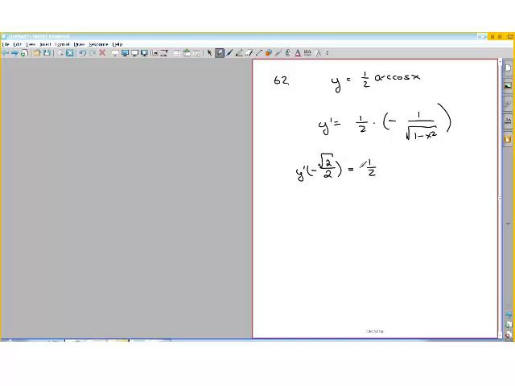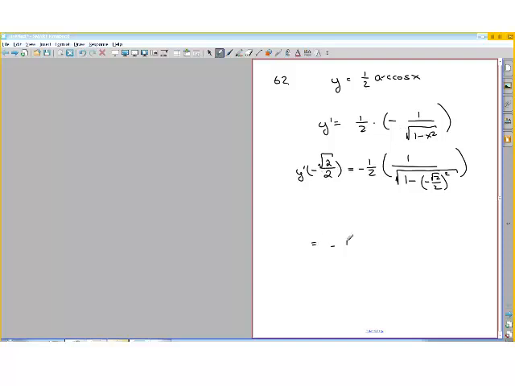So I'll factor out the negative. You get negative 1/2 times 1 over the square root of 1 minus the quantity negative the square root of 2 over 2, squared. All I'm doing is taking my mathematical expression for the derivative and plugging in the x value that's given in the problem.